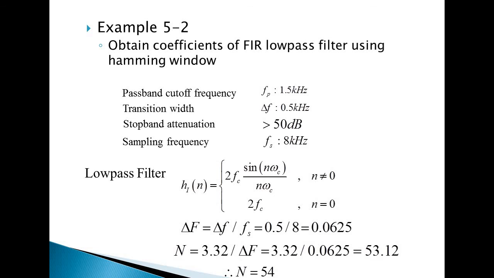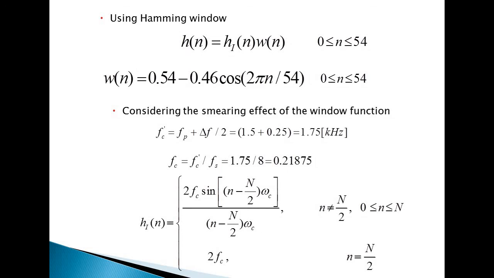So obtain coefficients of an FIR low pass filter using the Hamming window. You have to find out first, with the help of the equation, hd of n, then delta f you have to calculate, then order, then N we have to calculate, then h of n, hd of n into w of n. By using w of n we have to find out f dash, Fc equal to Fp plus delta f by 2.